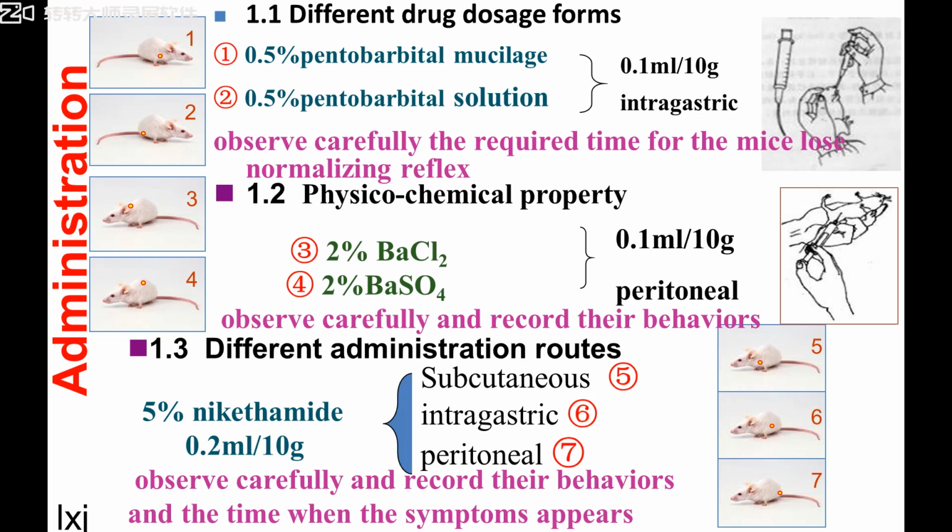It means that after administration by any route, it is the time required to reach the highest blood concentration of the drug. So different Tmax and Cmax reflect different absorption.